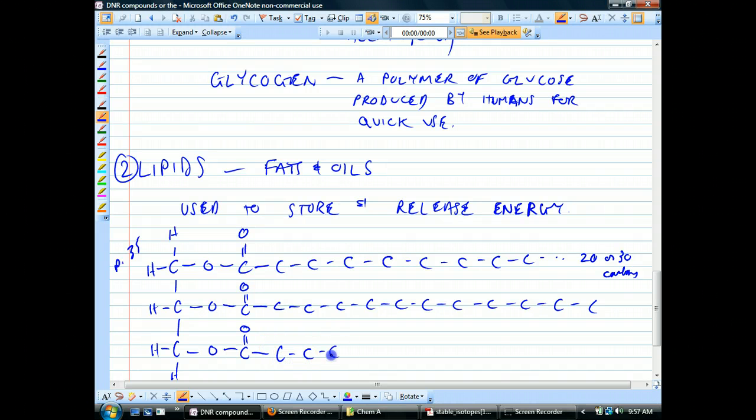It would just be a single strand of carbons. And there's hydrogens on every single one of these. I'm not going to draw all these because I don't even have room. But all of these have hydrogens sticking off the ends like this. And so on, dot, dot, dot.